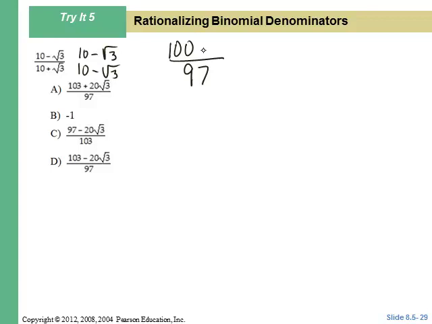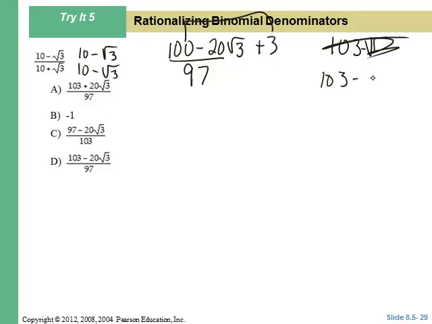The middle term is minus 20 root of 3. The last term is plus 3. 100 plus 3 is 103 minus 20 root of 3 over 97.